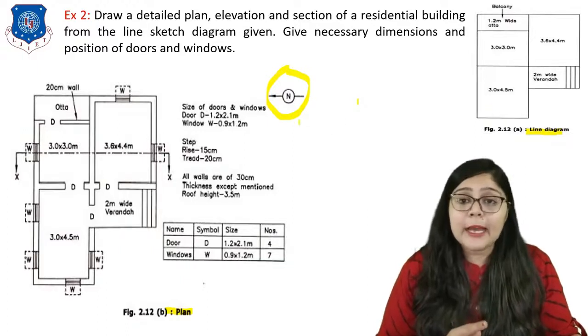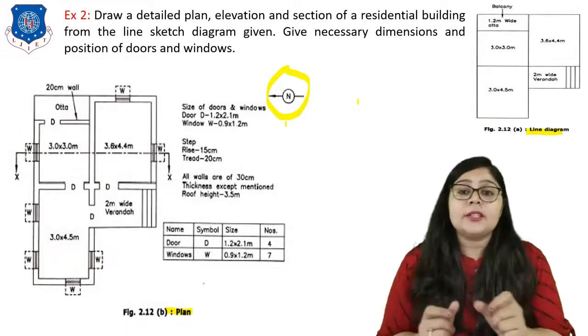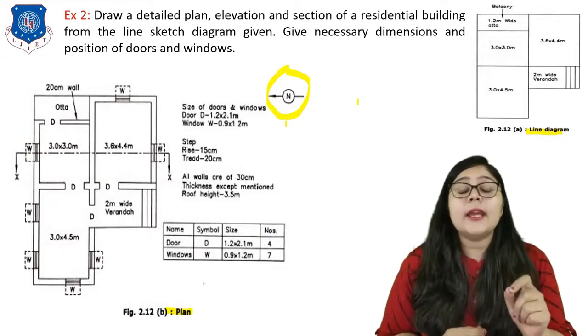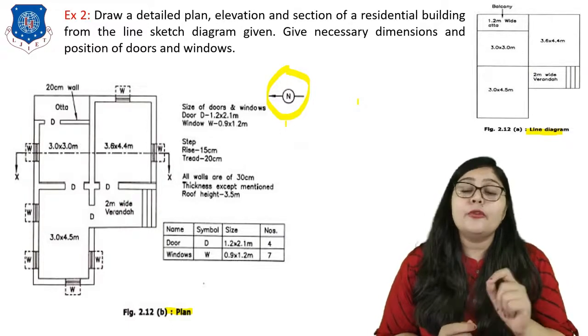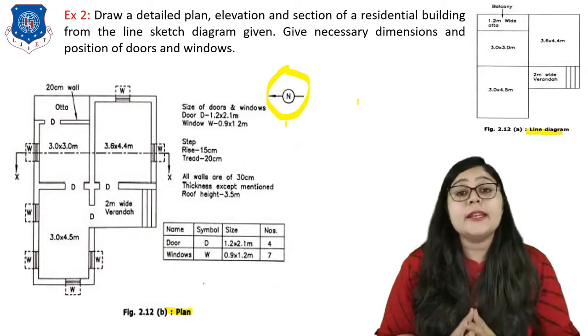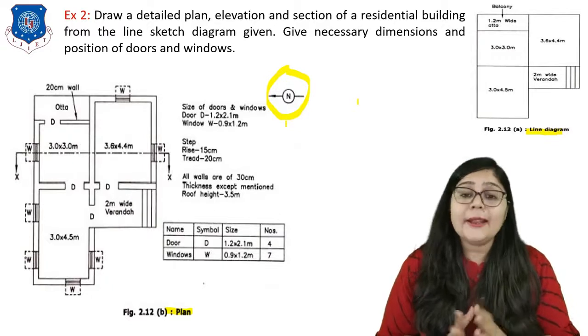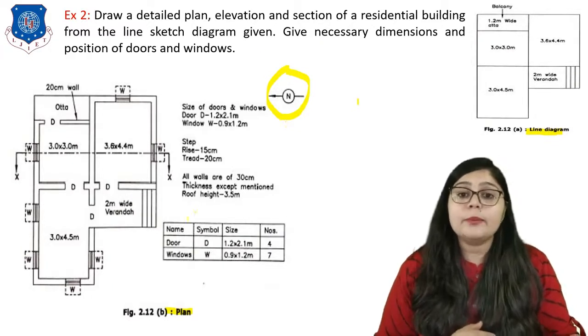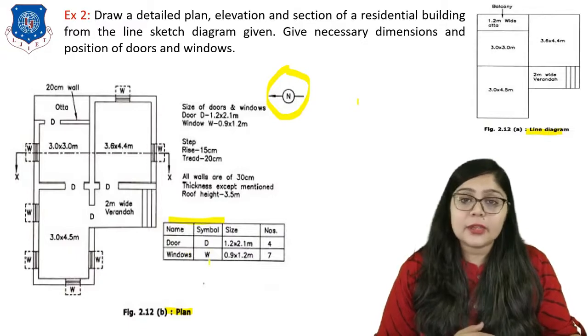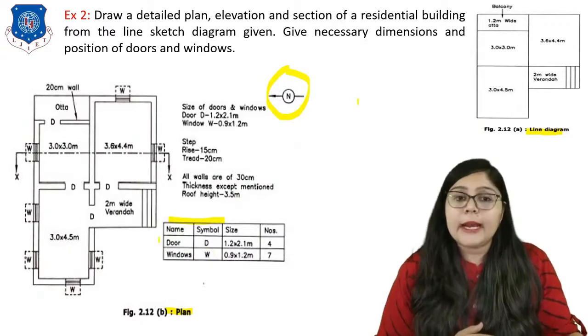But in the plan, we are going to provide the external wall thickness as well as the dimensions for doors and windows. We can say the arrangement of doors and windows and their dimensions that we are providing is the schedule of openings. It means the doors and windows, right? So this is the plan.